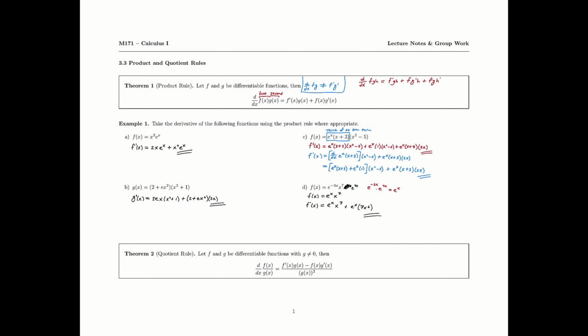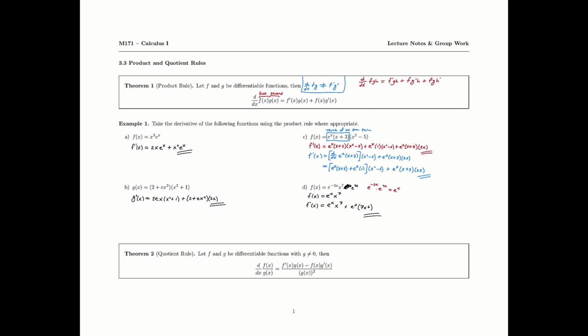The minus sign goes with the one where the denominator of your original quotient is being differentiated. So we basically have something pretty similar to the product rule with a minus sign. That's the main difference. And then here we have all divided by the bottom of the original fraction, your g, so to speak, squared.